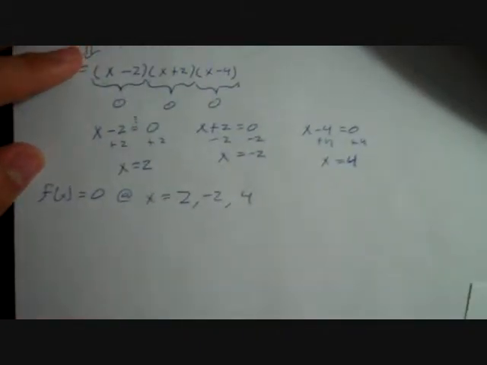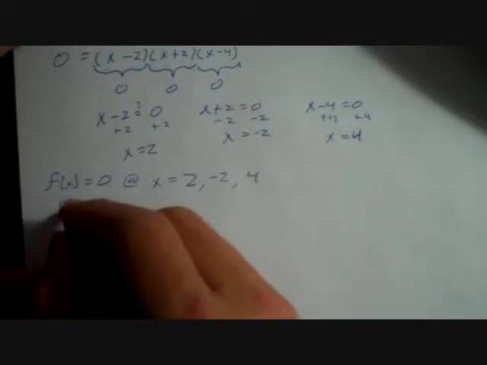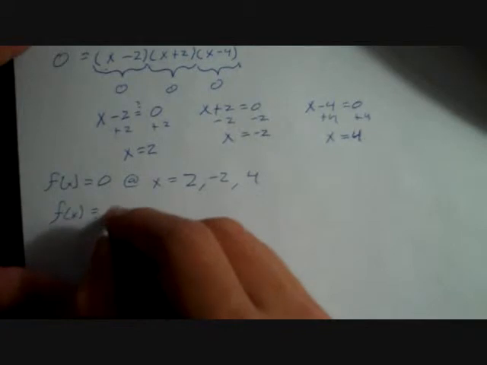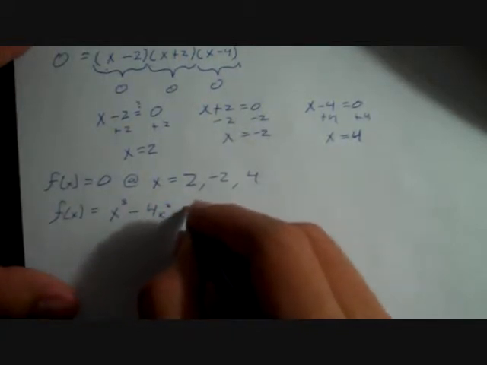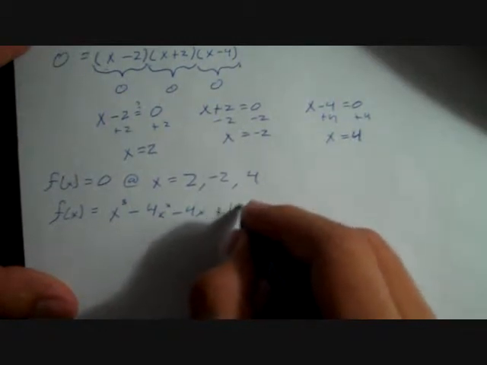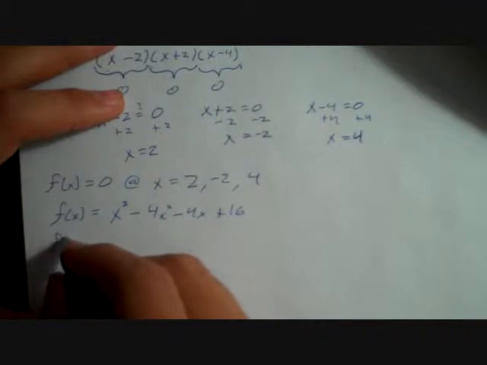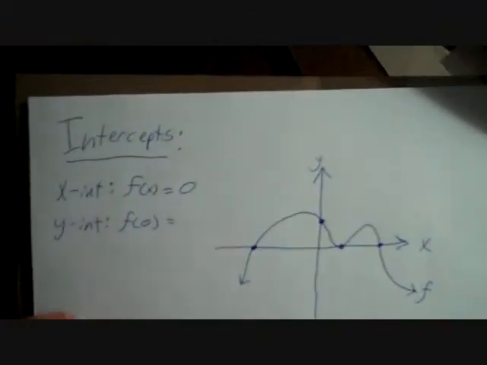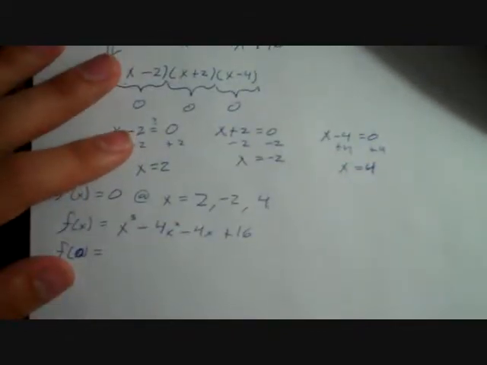So let's take our function f of x equals x cubed minus 4x squared minus 4x plus 16, and let's set x equal to 0. Because our y-intercept is f of 0, where x equals 0.